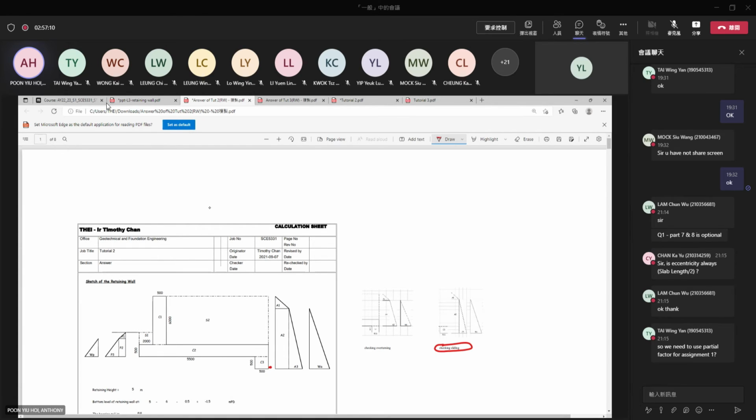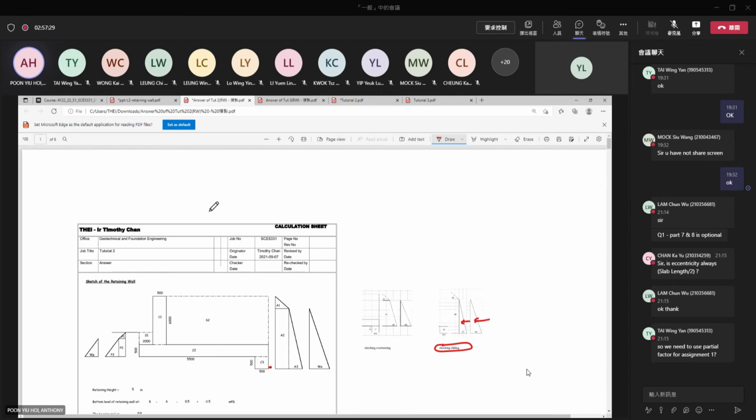So when checking for sliding, when we calculate the pressure, we extend it down to the bottom of the shear key.